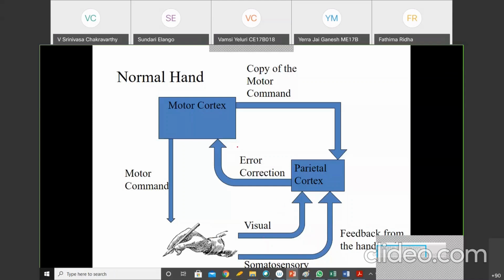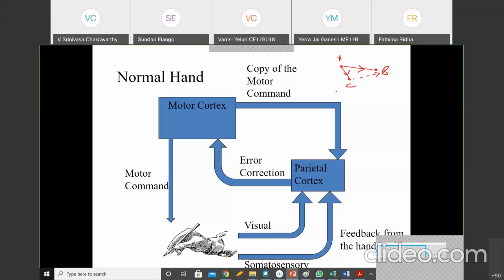The motor cortex sends a command to the arm to move from point A to point B. The feedback from the arm tells you how far the arm has moved. Suppose it is at point A and supposed to go to point B, and instead of going to point B, it has gone to point C. So it needs a correction.